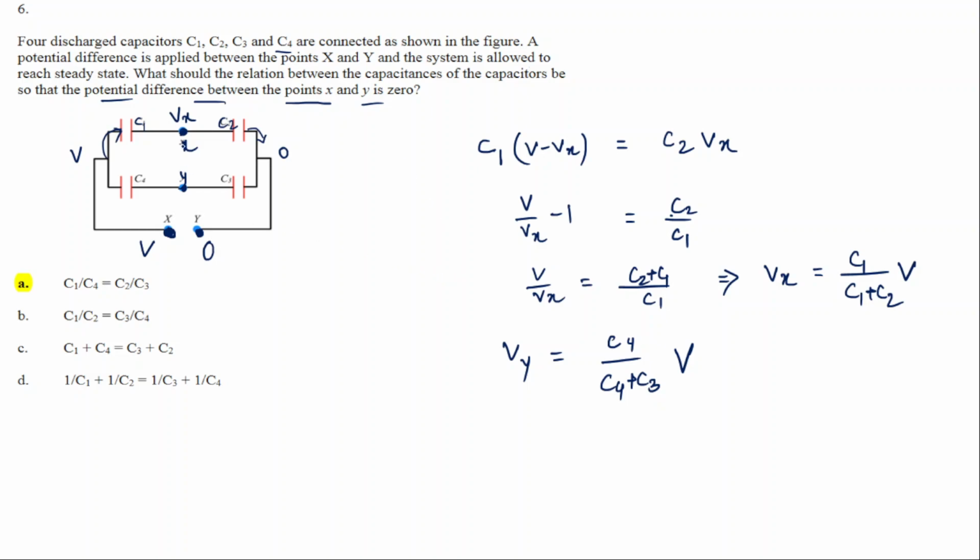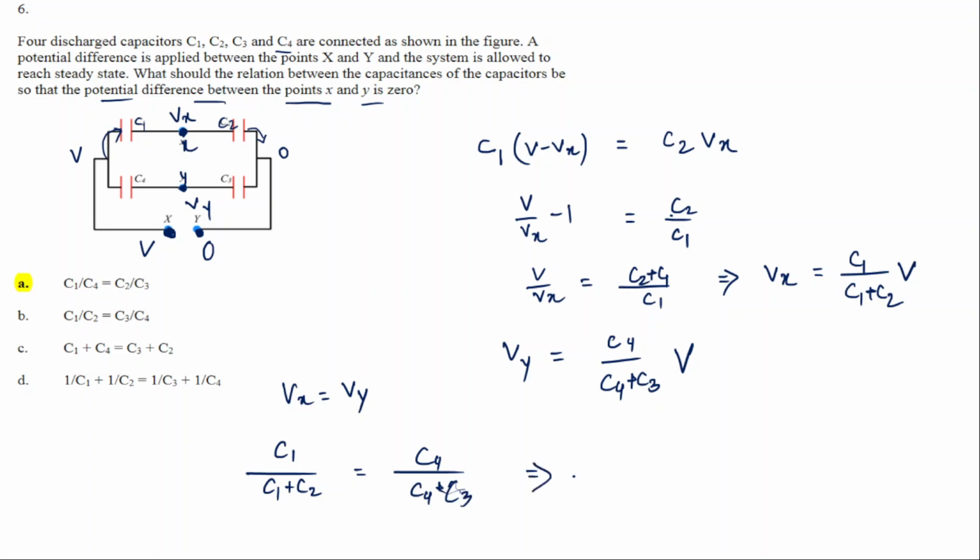It means their potentials become the same. So if we equate them, Vx equals Vy, it becomes C1 by (C1 plus C2) equals C4 by (C4 plus C3).